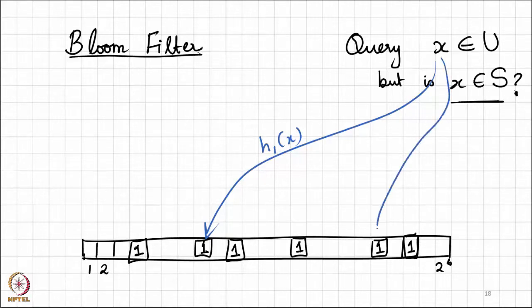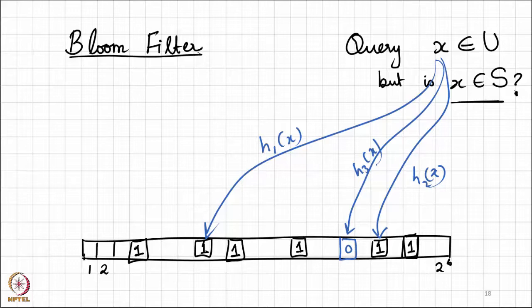Let's say h2 of x is also leading to a bit position where we have a 1. Let's say h3 of x, however, leads us to a bit position where there is a 0. In this situation, we know that x does not belong to the set S. And why is that?